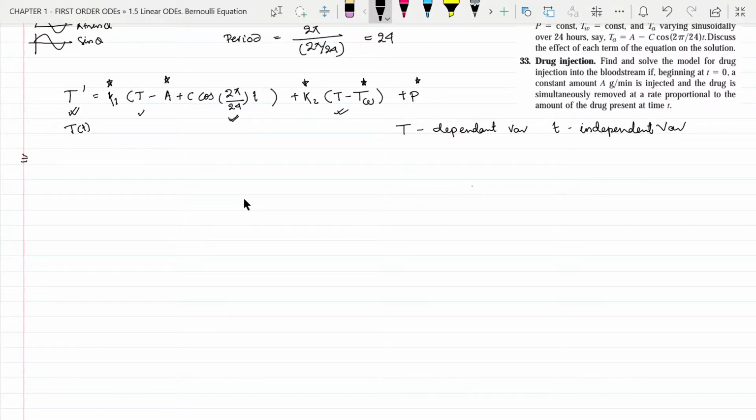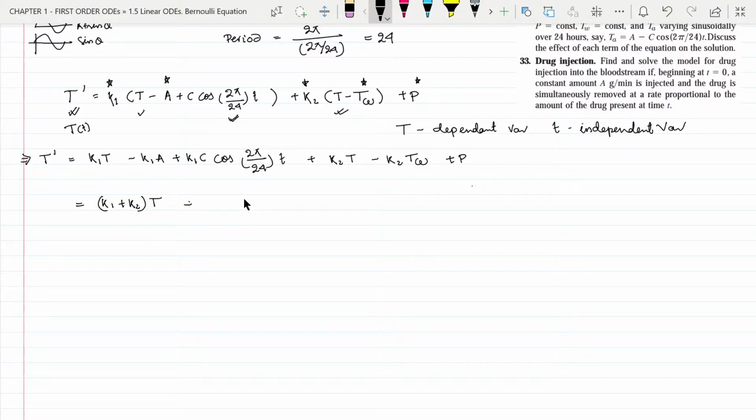So we can write this as T dash equal to K1T minus K1A plus K1C cos 2 pi by 24t plus K2T minus K2 T omega plus P. The right hand side can be written as K1 plus K2 times T. We have grouped the T terms, then plus K1C cos 2 pi by 24t. This is the small t term.